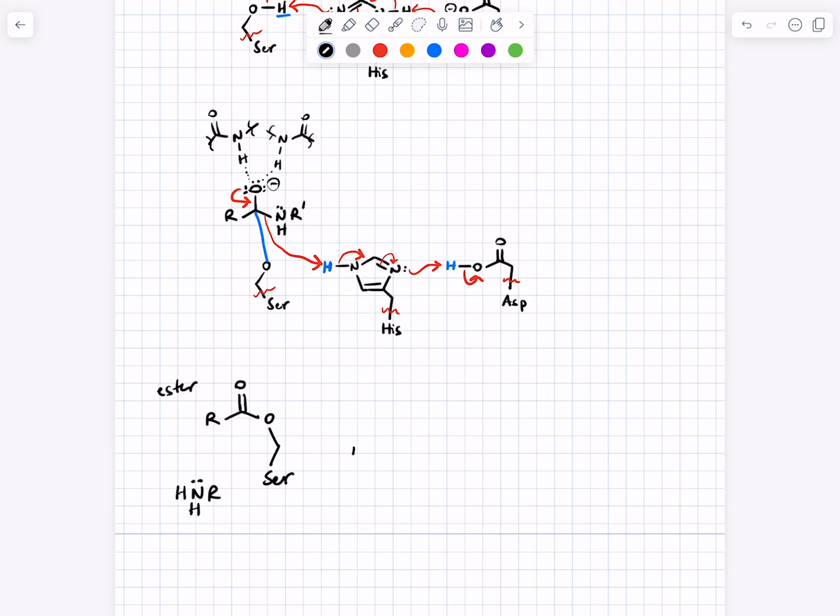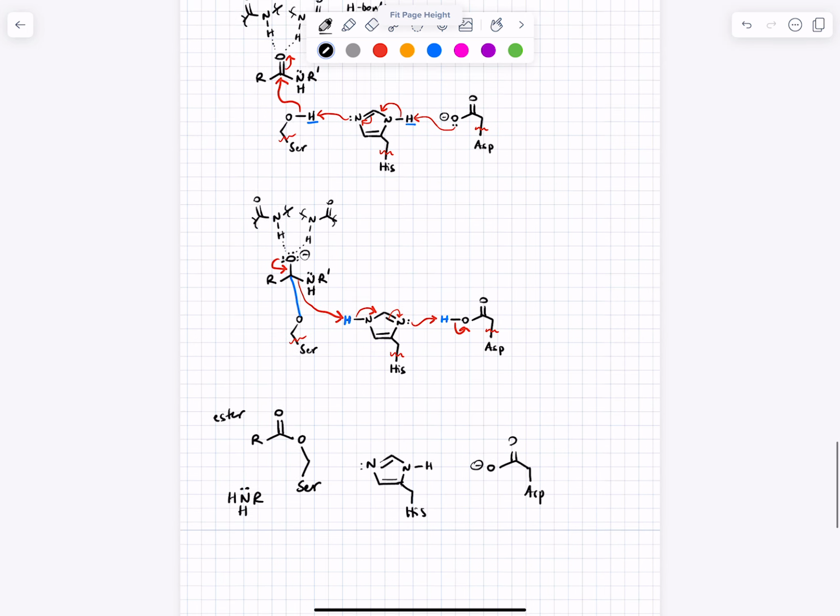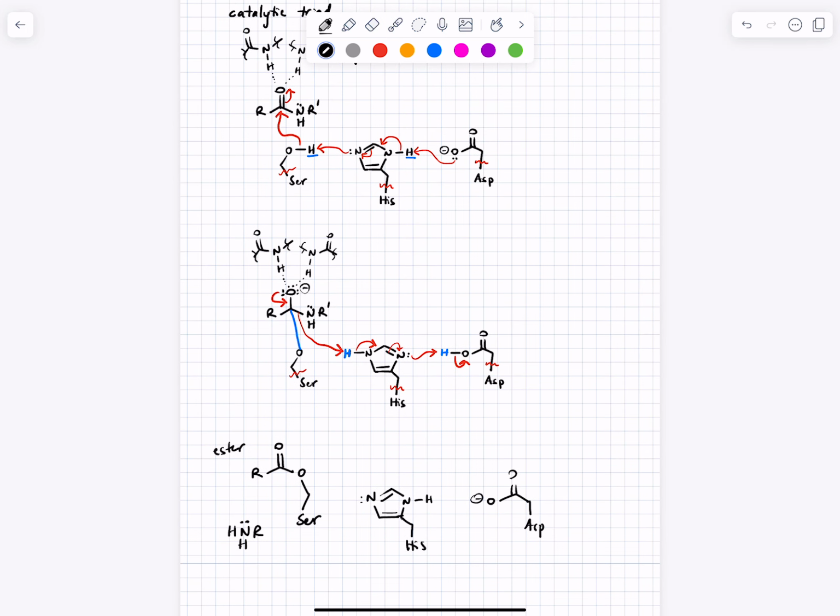And then what we've got over here is our restored and regenerated histidine and aspartate in their original state that they were to begin with. Okay? So that's the first half of this reaction.